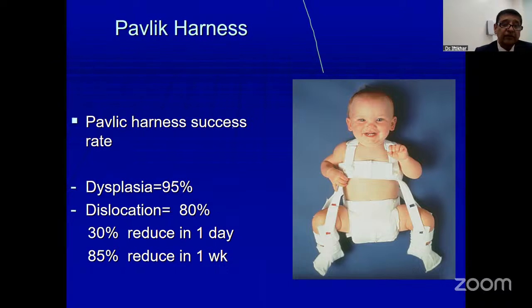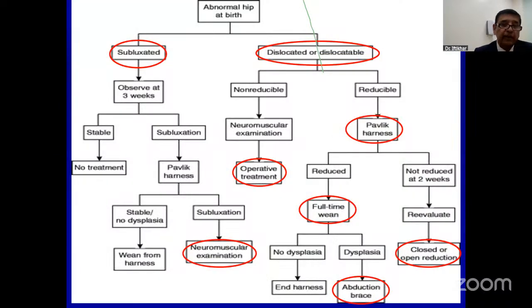Now, to summarize, let me tell you from the top. If you see an abnormal hip at birth, you look for it. Is it subluxated or dislocatable? If it's only subluxated but not dislocated, you observe for 3 weeks and reevaluate. After reevaluation, see again: is it still subluxating or is it stable?